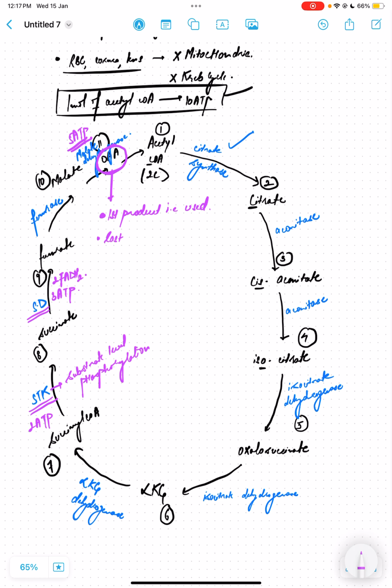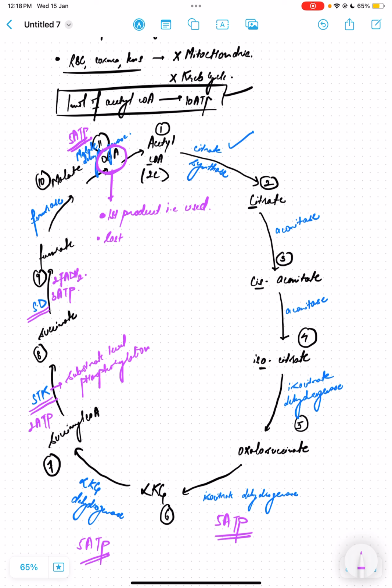Most importantly, when there will be the conversion of oxalosuccinate to alpha ketoglutarate, there will be also the presence of 5 ATPs, and from alpha ketoglutarate to succinyl CoA, there will be also the production of 5 ATPs. So this you should remember. Let me tell you about the ATP again.